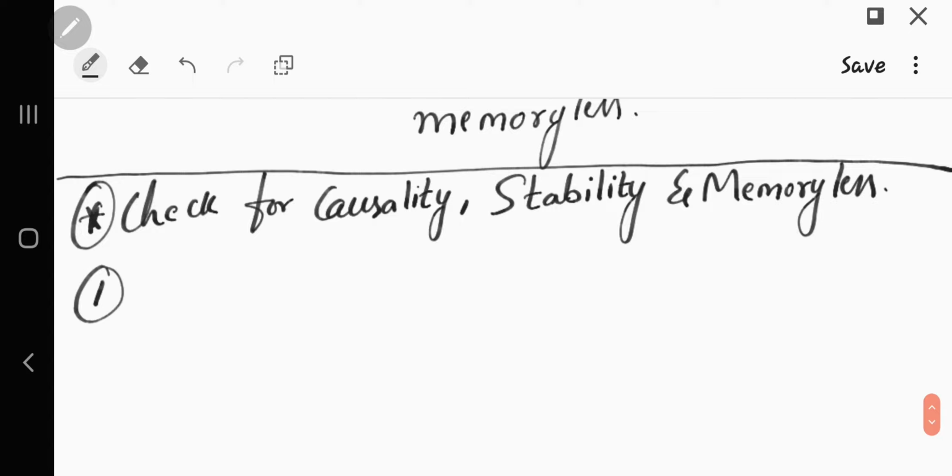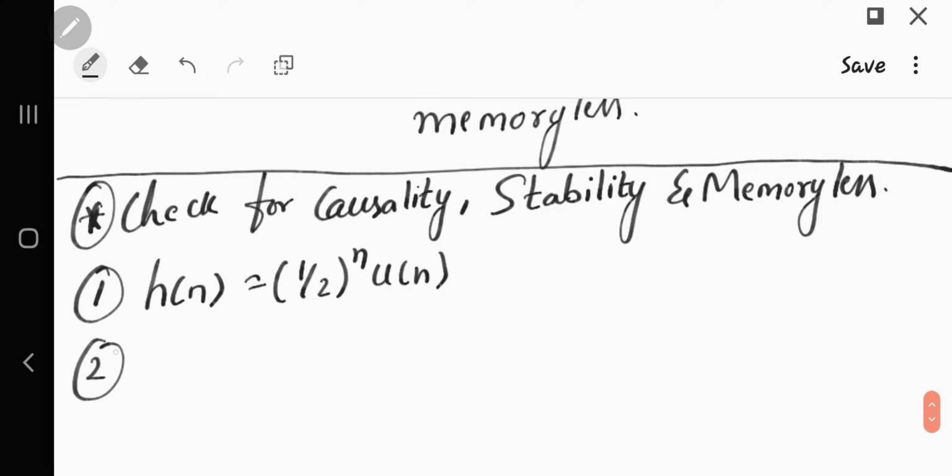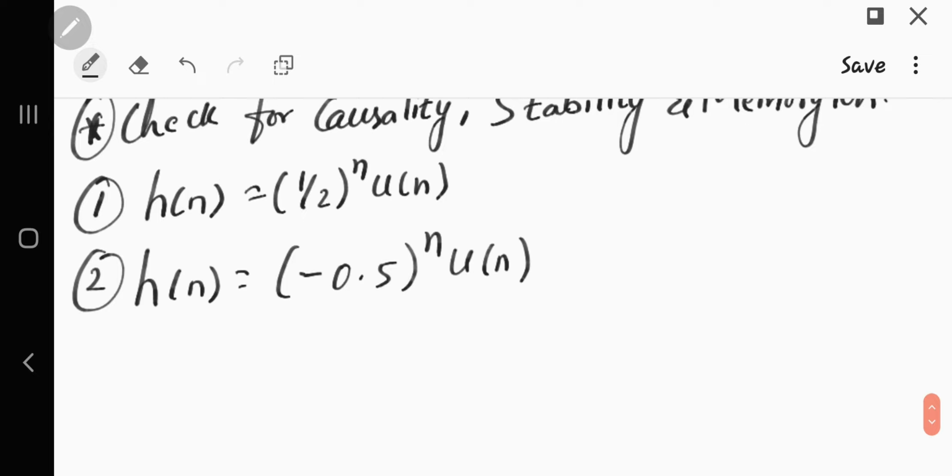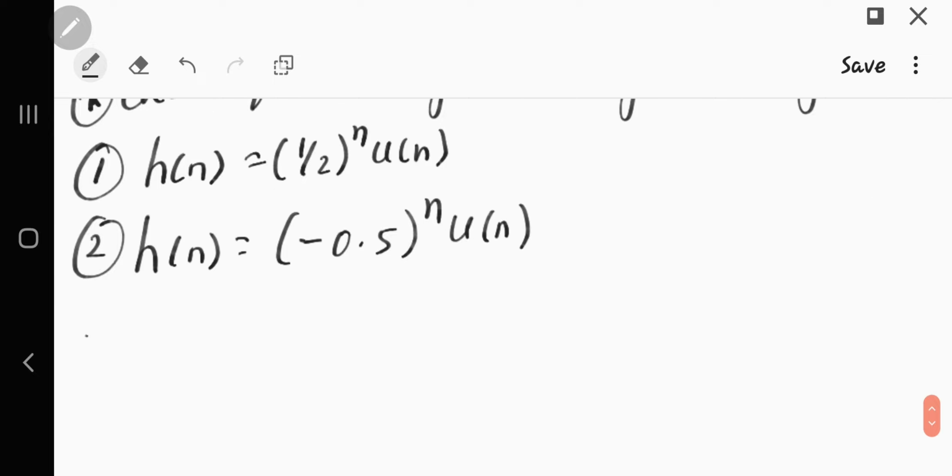So first one, a system with impulse response 1 by 2 n into u of n. So for this system with impulse response h of n is equal to 1 by 2 n u of n, check for all these properties. And the second one, h of n is equal to minus 0.5 to the power of n into u of n. Okay.